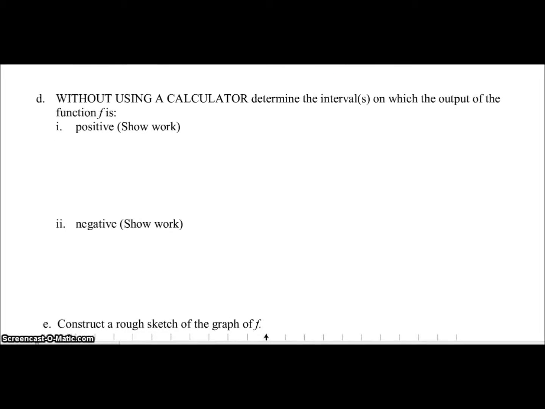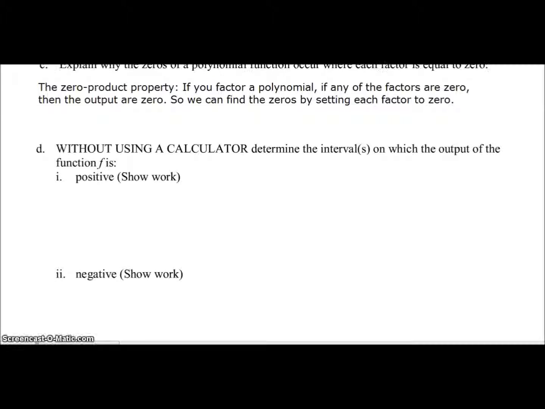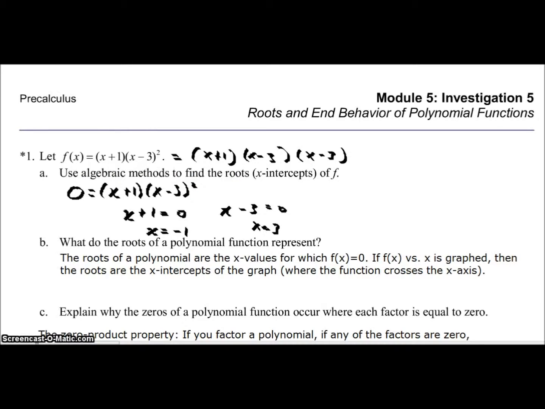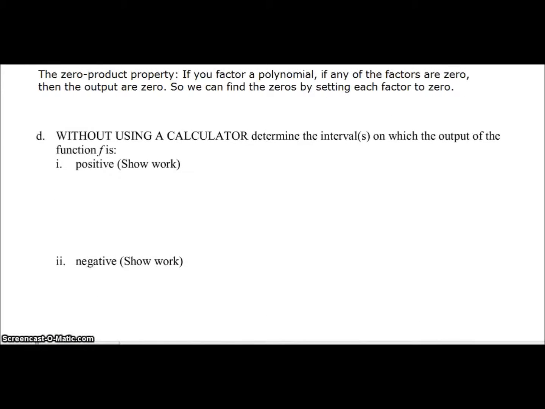Without using a calculator, determine the intervals on which the output of the function is positive or negative. Well, I know that the zeros are negative 1 and 3. So let's just think about that for a second. I kind of want to think about a graph here.